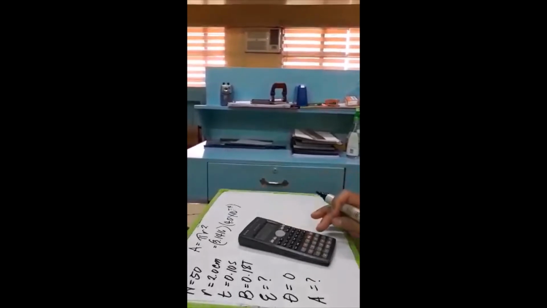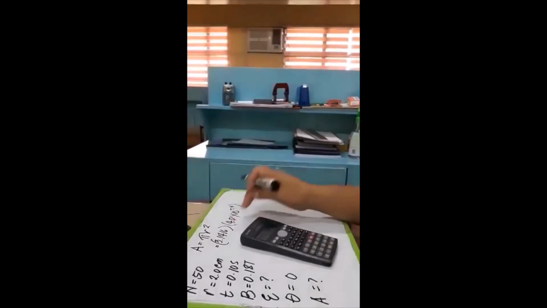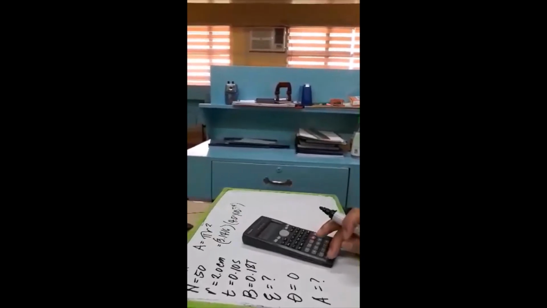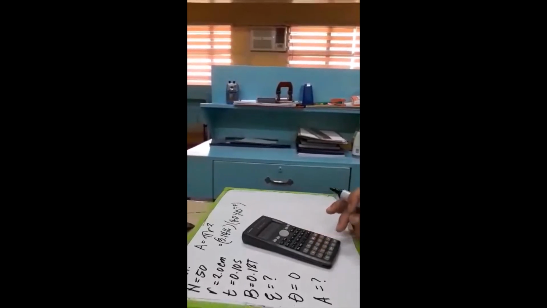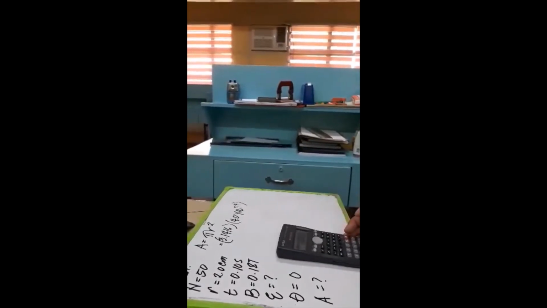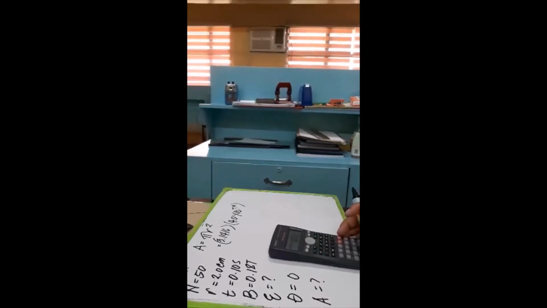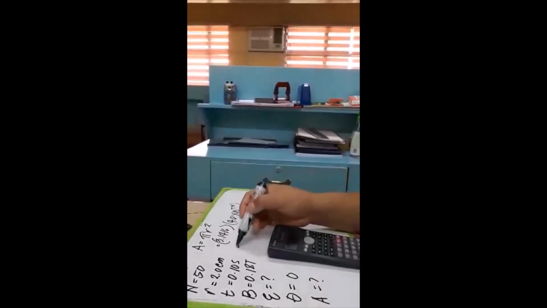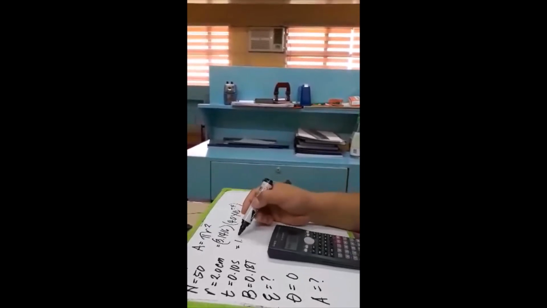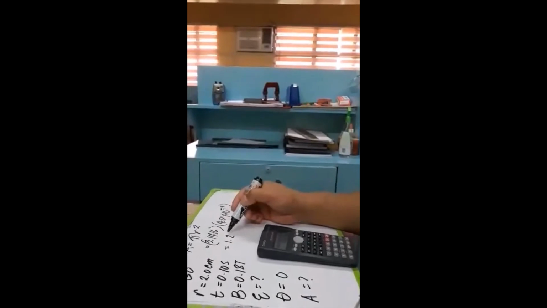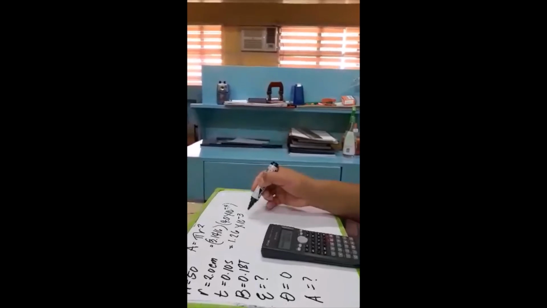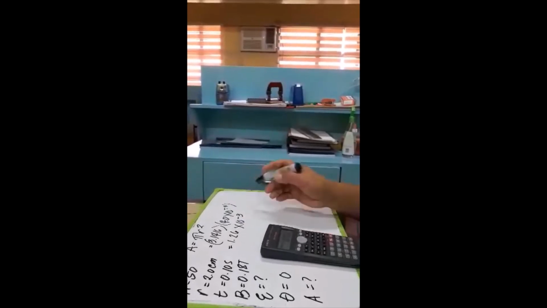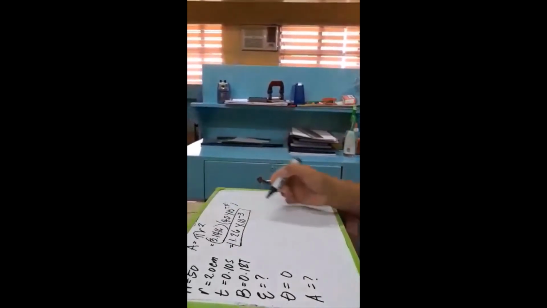Let's make this normal: 0.0004 times 3.1416. Okay, so we have here our area is 1.26 times 10 raised to negative 3, or we can say it is 1.3. So based on that, we are going to use this as our area.